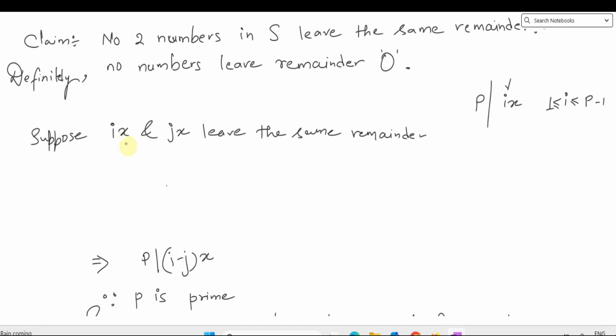That means when p divides ix and jx, they both leave the same remainder. Hence ix is congruent to r mod p and jx is congruent to r mod p.